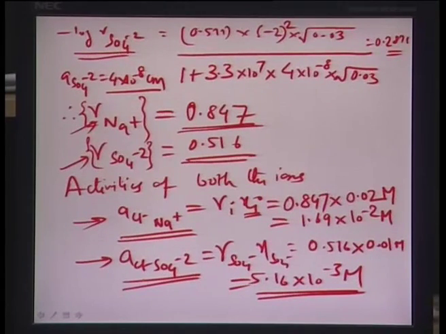Now, what I would be interested to look at here is that the activities of both are different. So, Na plus is a more active ion than SO4 minus 2. In such situations, if both Na plus and SO4 minus 2 are present, there is a tendency of the electrode to be heavily interfered by the Na plus ion if you are detecting sulphate ions.